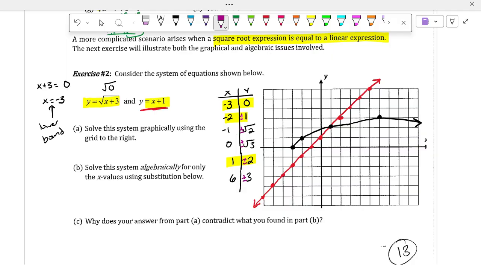Now, I'm going to do this in a different color for reasons. So I got -2, -1, 1, -2, and 6, -3.